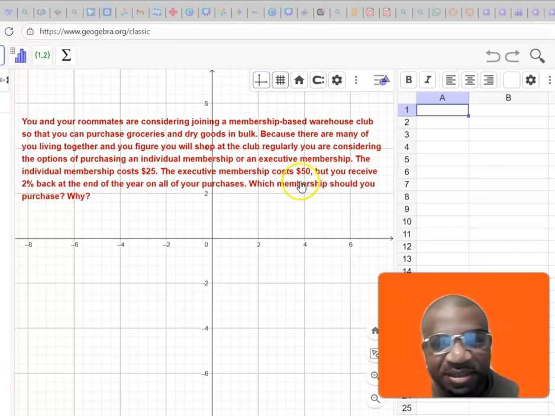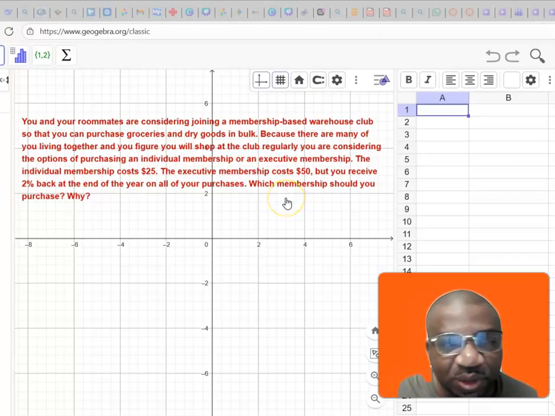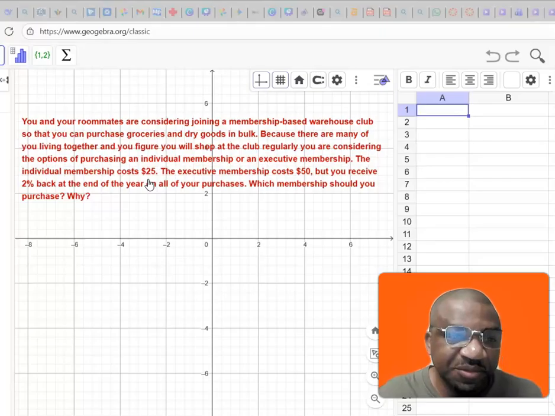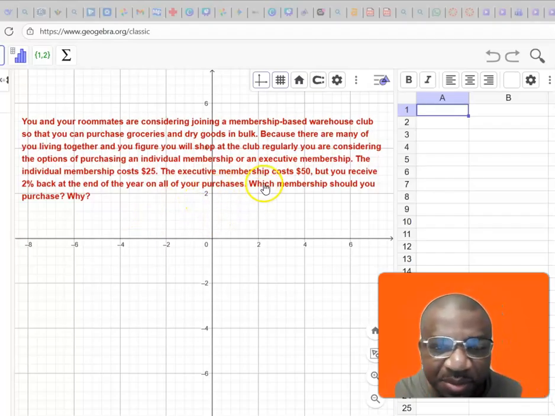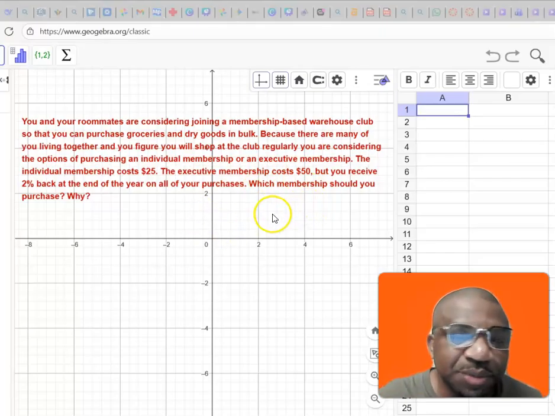I think anyone can decide to just go for the individual membership because we feel it is cheaper because the cost is $25. But the basis of this problem is to find out which option is affordable in terms of time, in terms of cost management. So which membership will we choose?